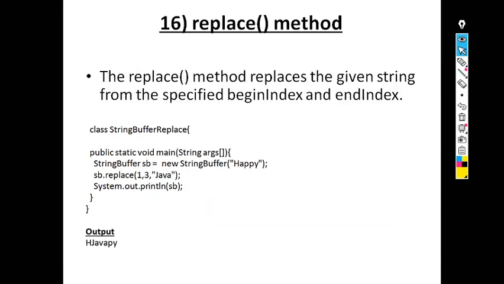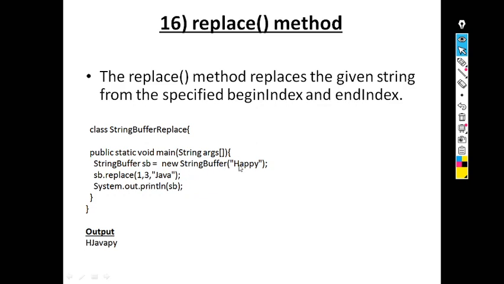Now the replace method. The replace method replaces the given string from the specified begin index to the end index. So you can see my buffer is containing happy, and I want to replace from the first to the third position. Here this is the start index and the end index is mentioned here.